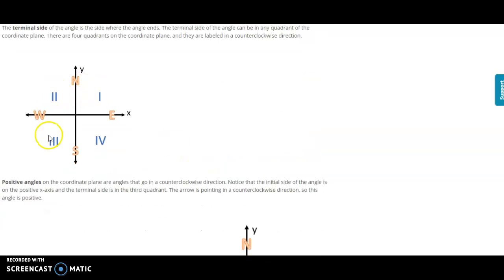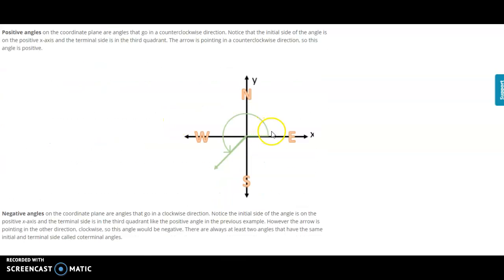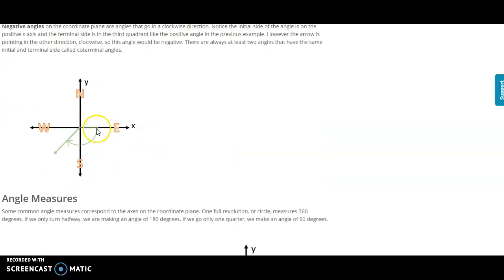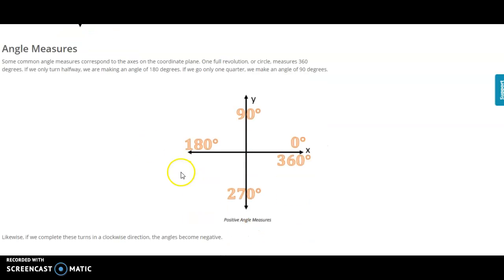This is just a quick review of the quadrants. Again, positive angles start on the positive x-axis and open in a counterclockwise direction, in other words, the same direction that the quadrants go. And then the negative angles start on the positive x-axis and open in the clockwise direction. Hopefully we remember this.